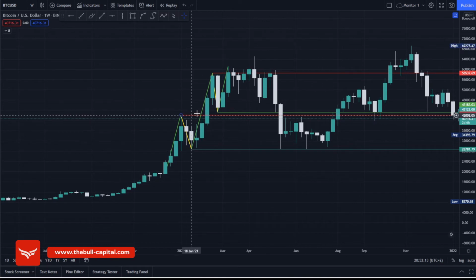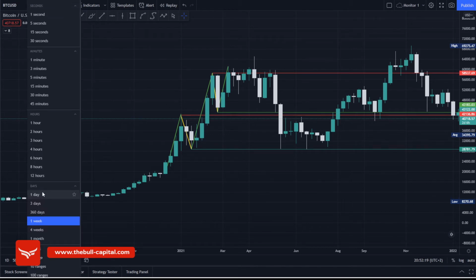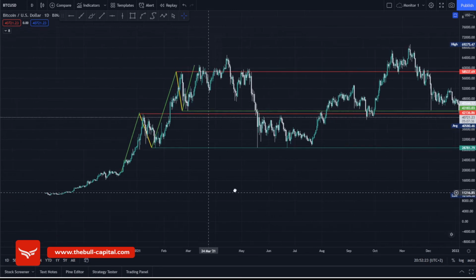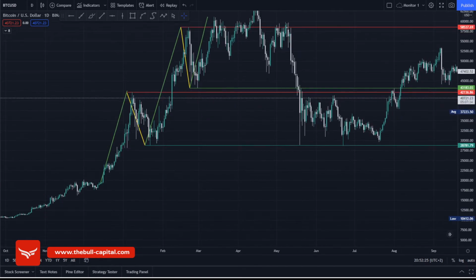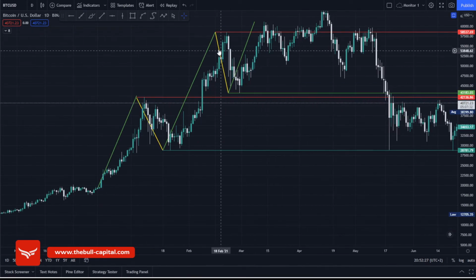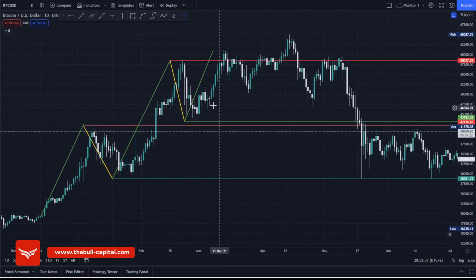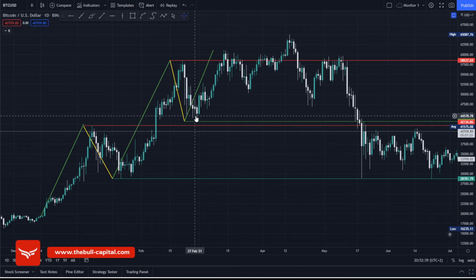So now let's leave only these levels and switch to daily, a lower time frame, and see how it looks. As you see, in one candle you have many daily candles. It's a swing here actually. So look how these swings move between support and resistance.